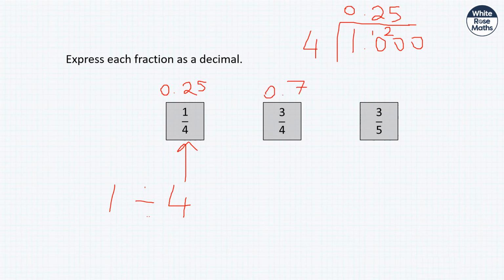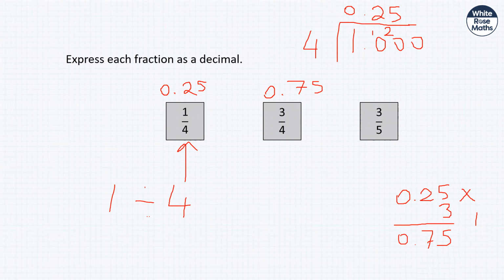If you're not too sure, I can do 0.25 multiplied by 3 to the side, and there's no harm in showing your full workings. 5 3s are 15, so 5 carry the 1. 3 2s are 6, plus the 1 equals 7. I put a decimal point there. 3 lots of 0 equals 0. So that's 0.75.